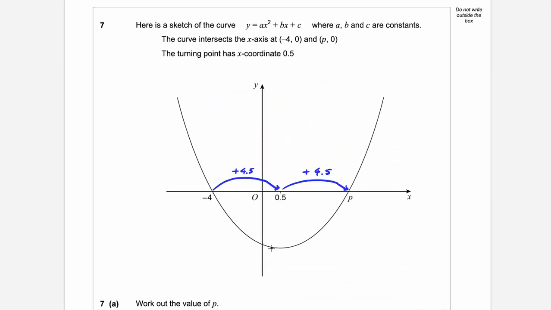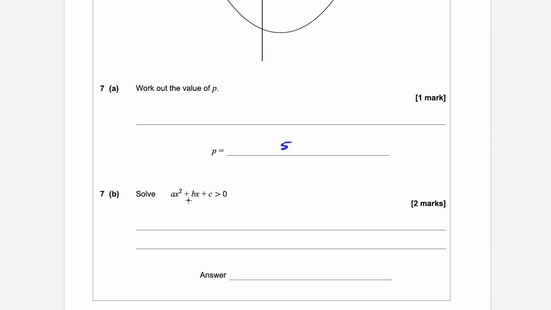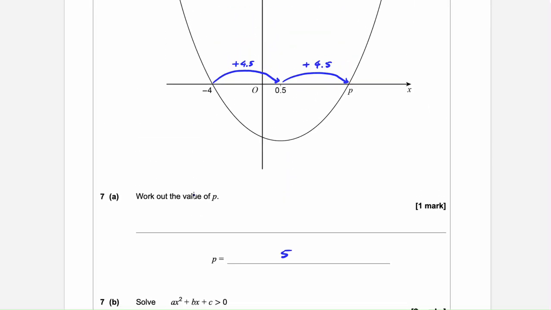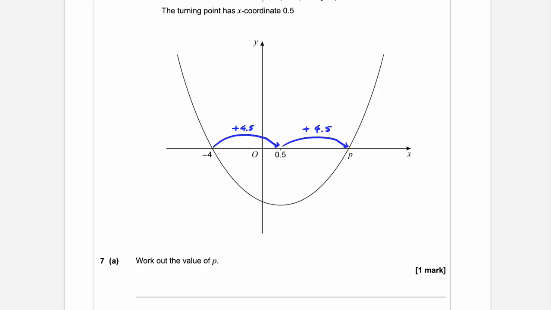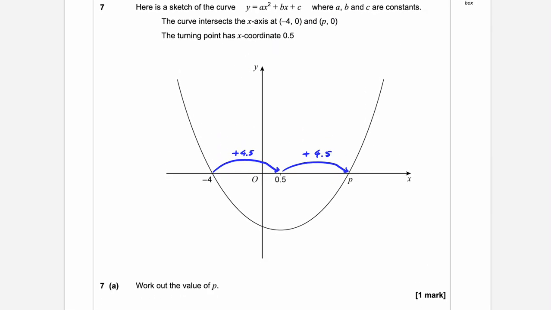Okay, then he says, solve ax squared plus bx plus c is greater than 0. Okay, well, you just have to look at the graph. This is a quadratic inequality, guys, and they've done what I consider the hard work for you, which is actually graphing it. So they've graphed it. Where is this bigger than 0? Well, here and here.